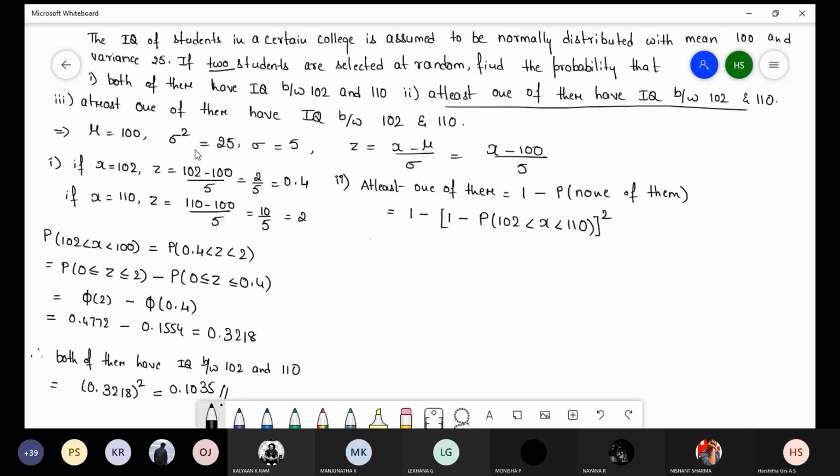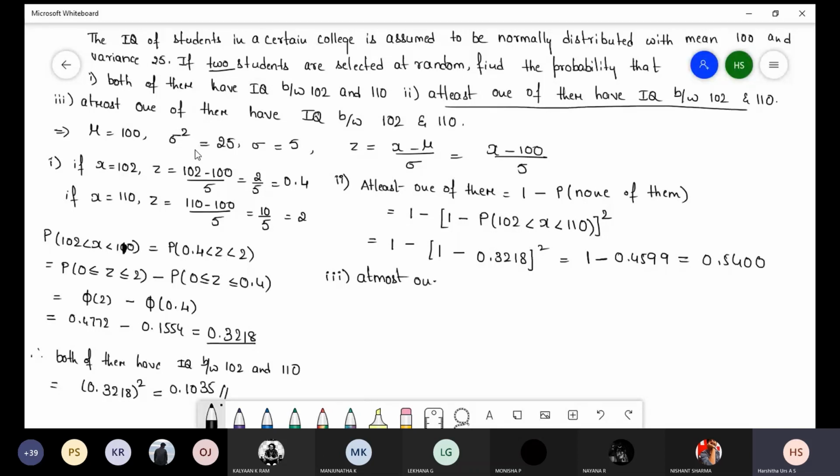So 1 minus, 1 minus 0.3218 whole square, the value I have got here. So 1 minus 0.4599 is equal to 0.5400.